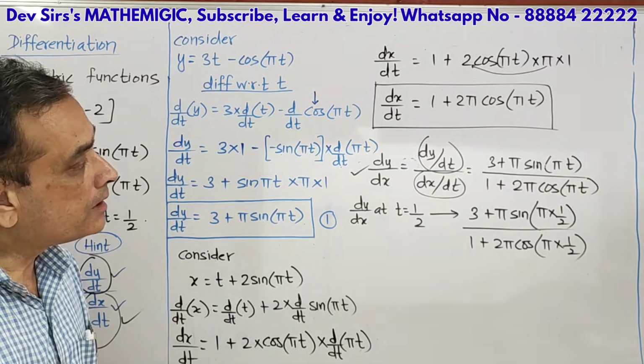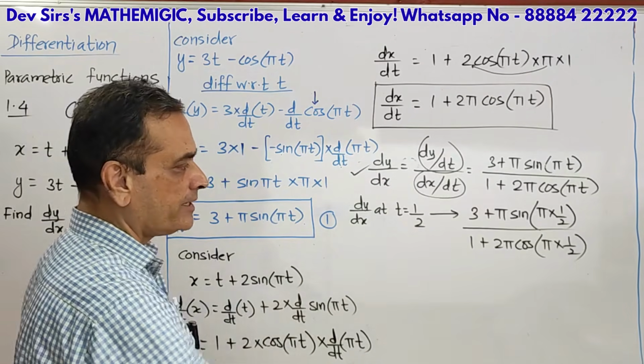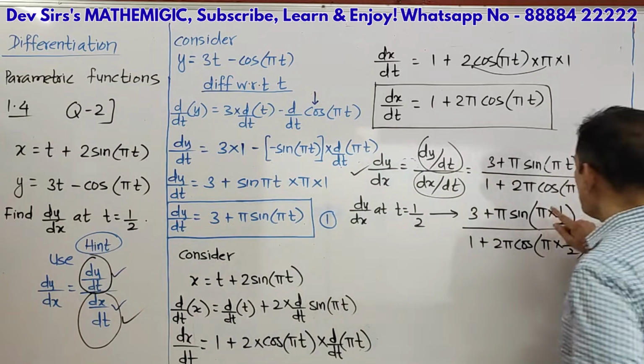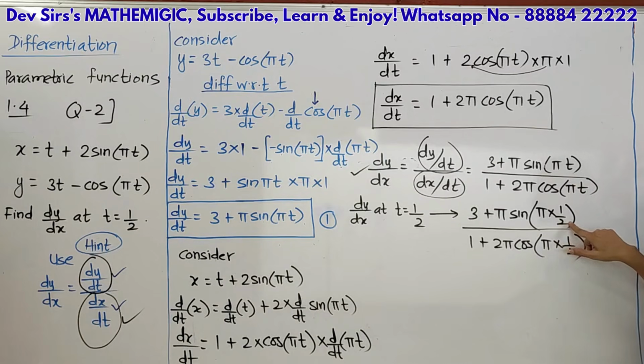Now I'm just going to simplify over here, right? देखो, what is pi into half? Pi into half is pi into 1 is pi upon 2. वापस देखो, pi into half क्या है? Pi into 1 is pi divided by 2. Again pi by 2.